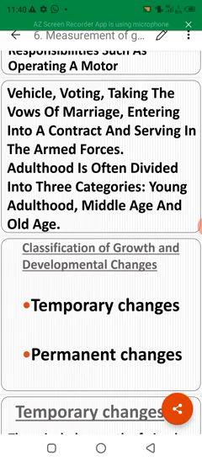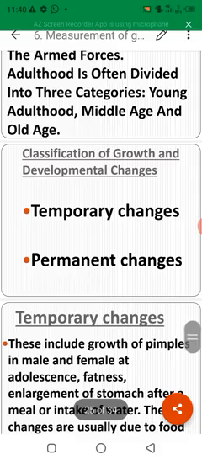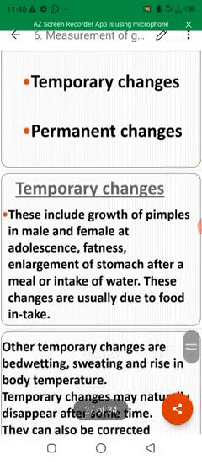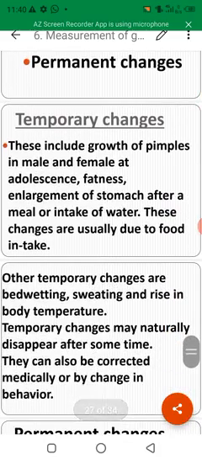Now, classification of growth and developmental changes. There are 2. We have temporary changes, then permanent changes. Temporary changes include growth of pimples in male and female at adolescence, fatness, enlargement of stomach after a meal, and intake of water.